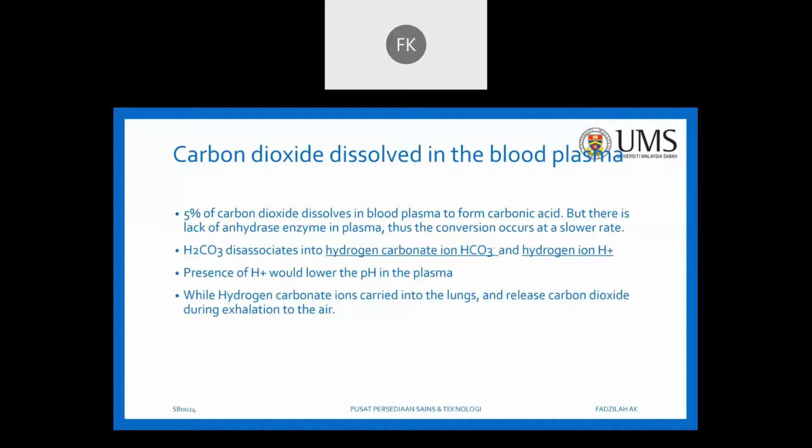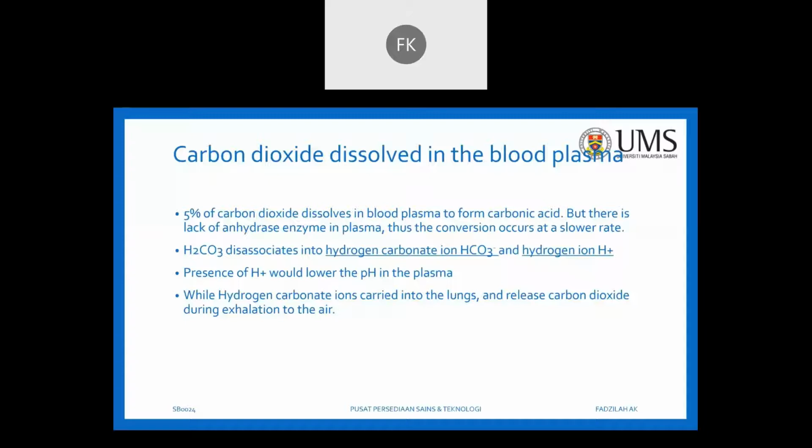But there is a lack of carbonic anhydrase enzyme in plasma. When there is a lack of anhydrase enzyme in plasma, conversion occurs at a slower rate. So likewise, it becomes hydrogen carbonate ion and also hydrogen ion, H plus. And then the presence of hydrogen ion would lower the pH in the plasma.